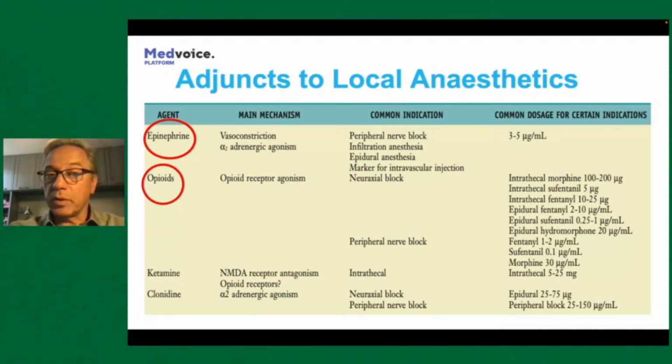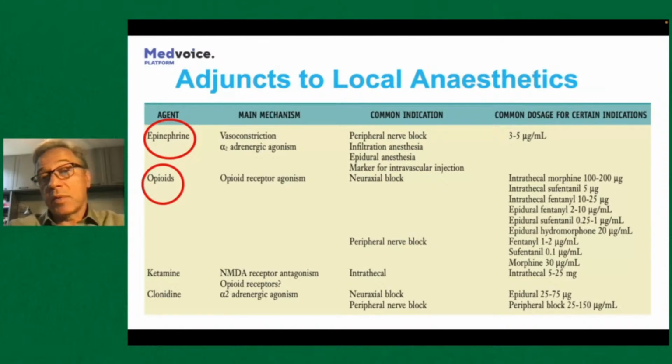We can add opioids. Usually we do that for neuraxial block intrathecally. We can use preservative-free morphine in a dose of 100 to 200 micrograms. Fentanyl being used, sufentanil. We routinely use fentanyl with a concentration of 2 micrograms per mil in our epidural infusions.